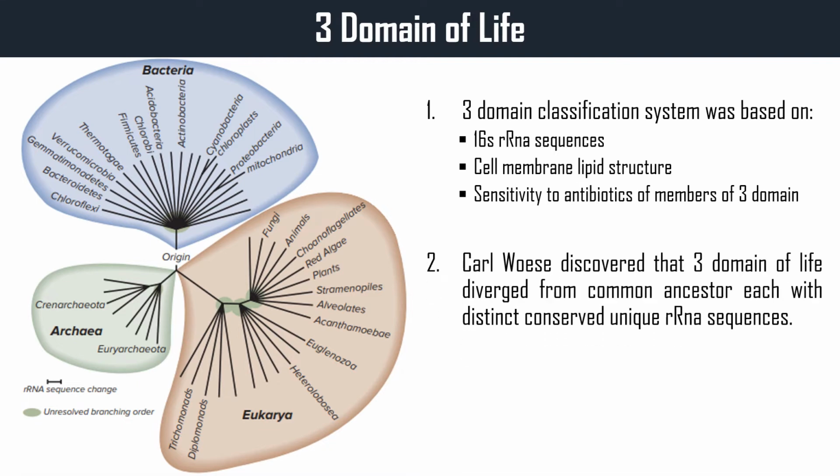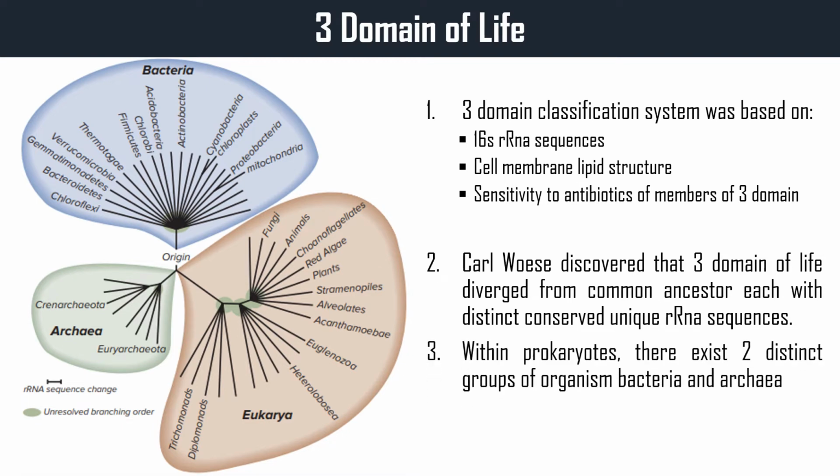Carl Woese discovered that the three domains of life diverge from a common ancestor, each with distinct conserved unique RNA sequences. Within prokaryotes, there exist two distinct groups of organisms, bacteria and archaea, and the eukaryotes have the eukarya domain of life.